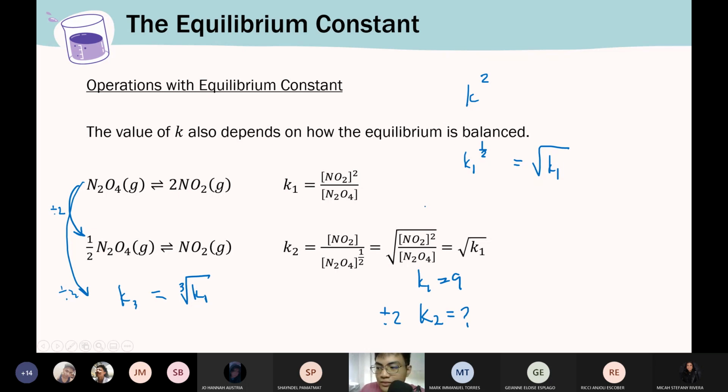Okay? O may ganito sa multiple choice sa quiz. If my k1 is 9, what do you think will be the new k if I divide the equation by 2?